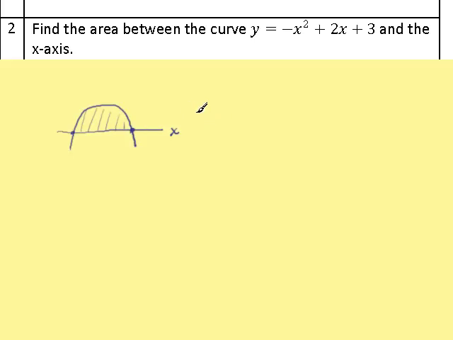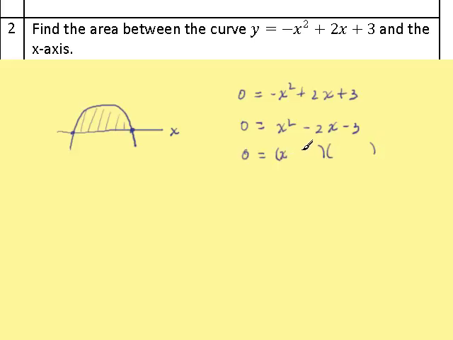All right, so what we're going to do is just simply set this equal to 0, find the x-intercepts. All right, let me just multiply both sides by -1. So we have x squared minus 2x minus 3, and factor.